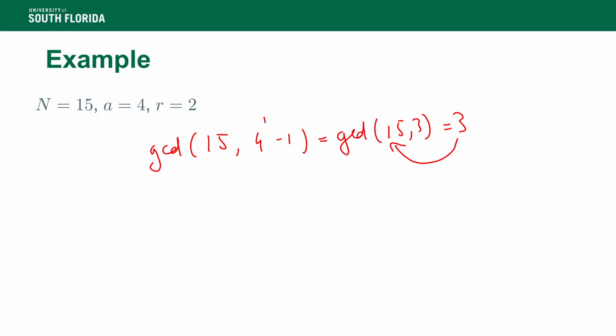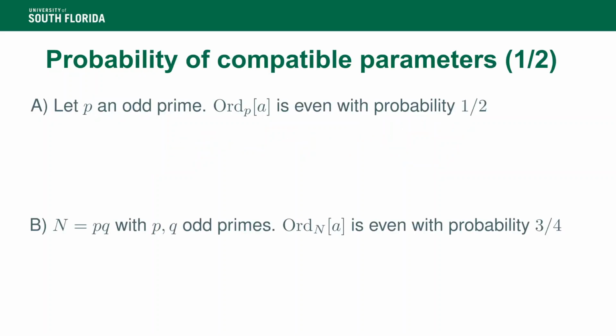Hence, if this was the problem, factoring 15, then we would have succeeded here by knowing the order of 4 modulo 15. So this is a trivial illustration, of course.